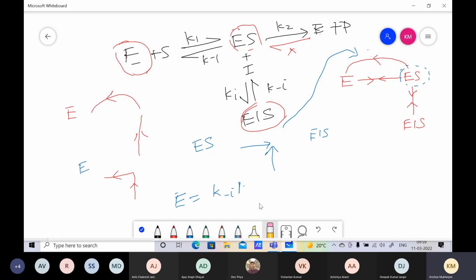Tell me what is E? K minus 1, K minus I, K minus 1. Plus this. Come on. Nobody is saying anything. K2 into K minus I. K minus I, right? K minus I, हाँ, K minus I. ठीक है.